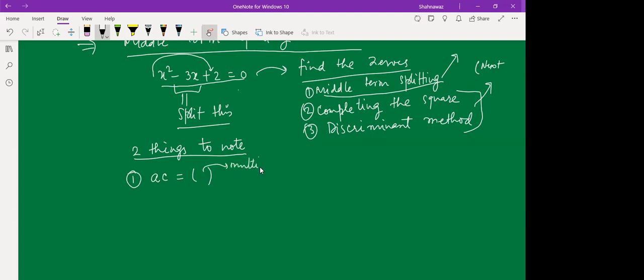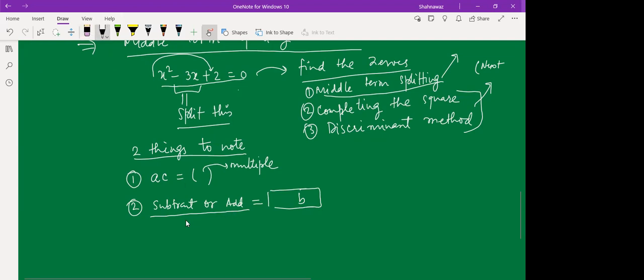Yes, sir. And if you subtract or add or whatever you do, you have to get the middle coefficient, -3, or whatever B is.